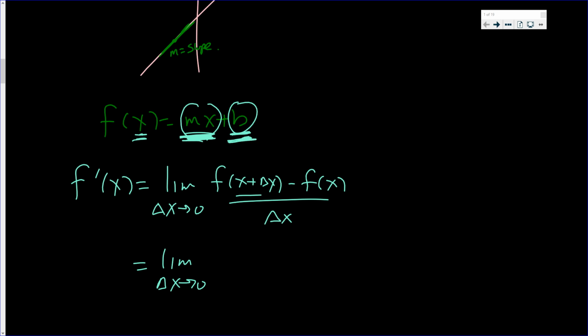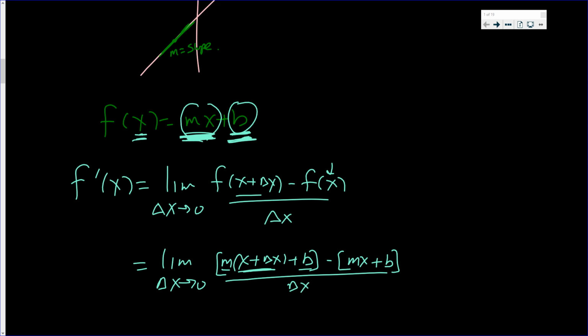I'm going to take what's in the brackets, multiply it by m, and then add b. So that's f of x plus delta x minus, again take what's in the brackets, multiply it by m, and add b. Now when I say multiply by m, I mean I denote that I'm multiplying it by m. I didn't multiply this by m yet, but I denoted that I was, and that I'm adding b. All of this over the famous delta x.